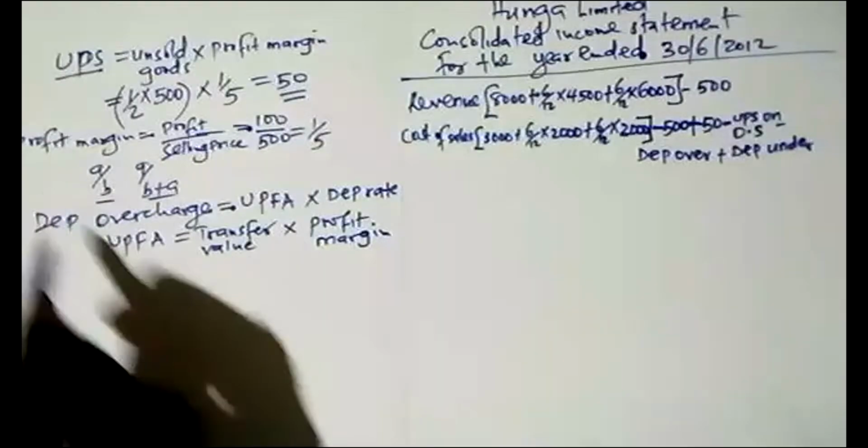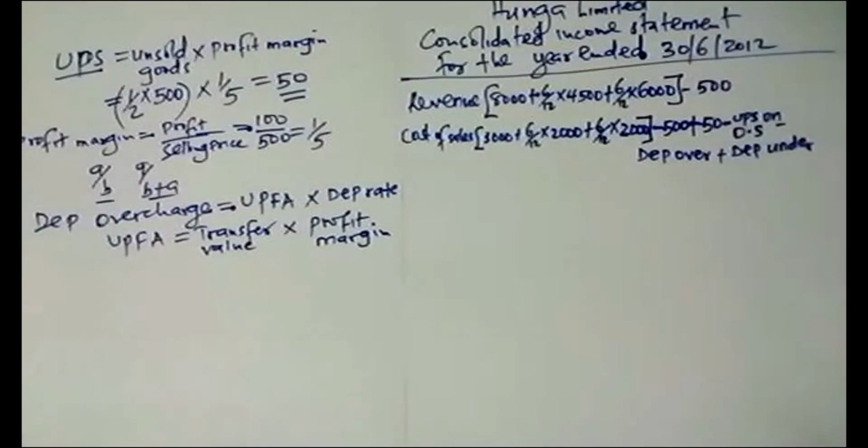So which means that in order to compute these two things, you must be provided with a sale of fixed asset. For example, if Hunga sold a fixed asset to Shujaa at a profit, then remember that a fixed asset is not meant for resale. So once Shujaa receives the asset, he will never resell it.